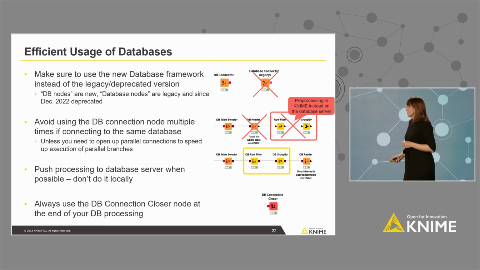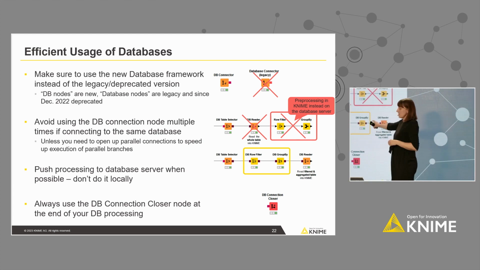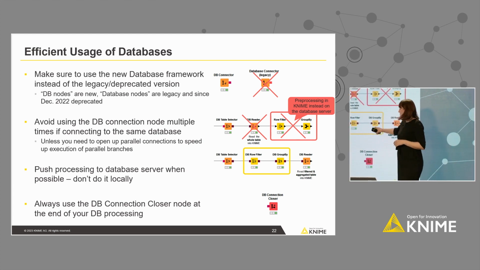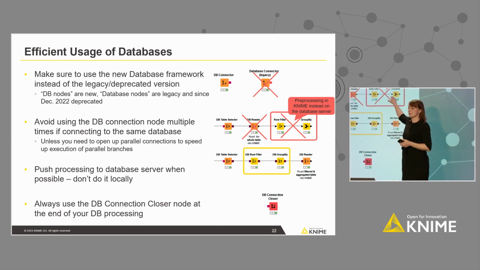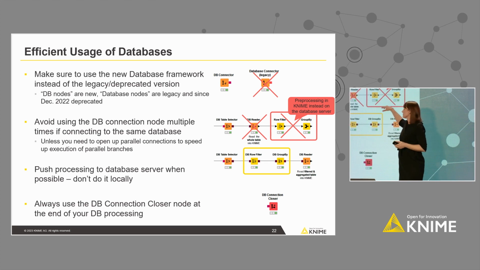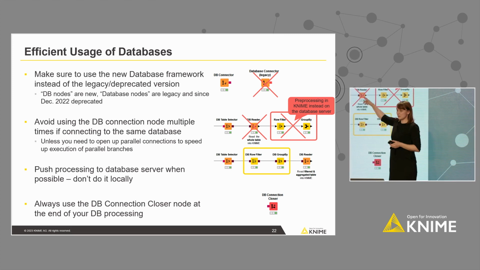When it comes to the manipulation nodes from the database extension, what we often see and what we would recommend is to try to use the typical native KNIME manipulation nodes, like you can see here, after the DB reader node.